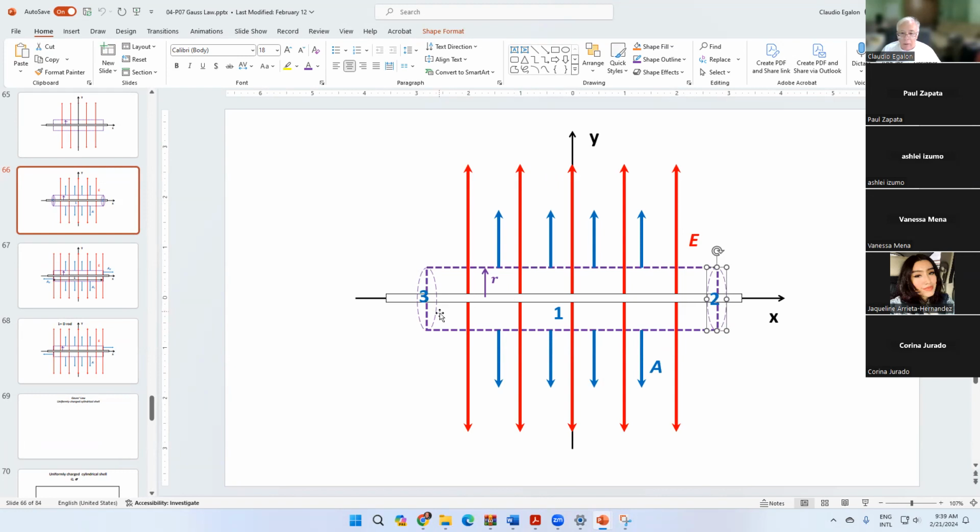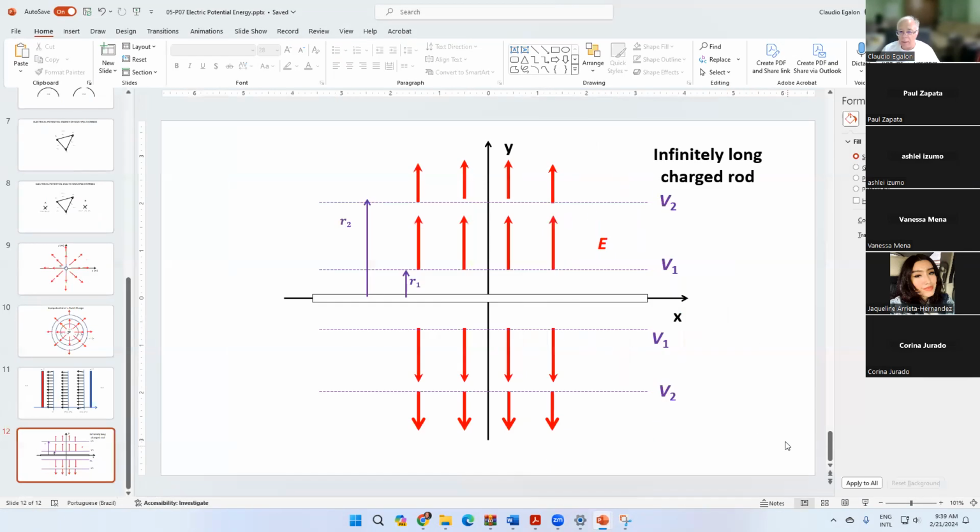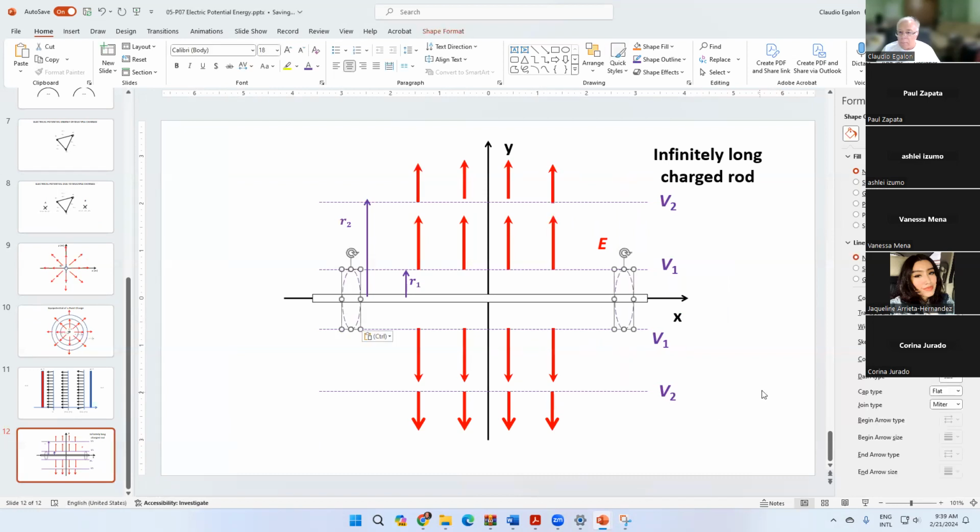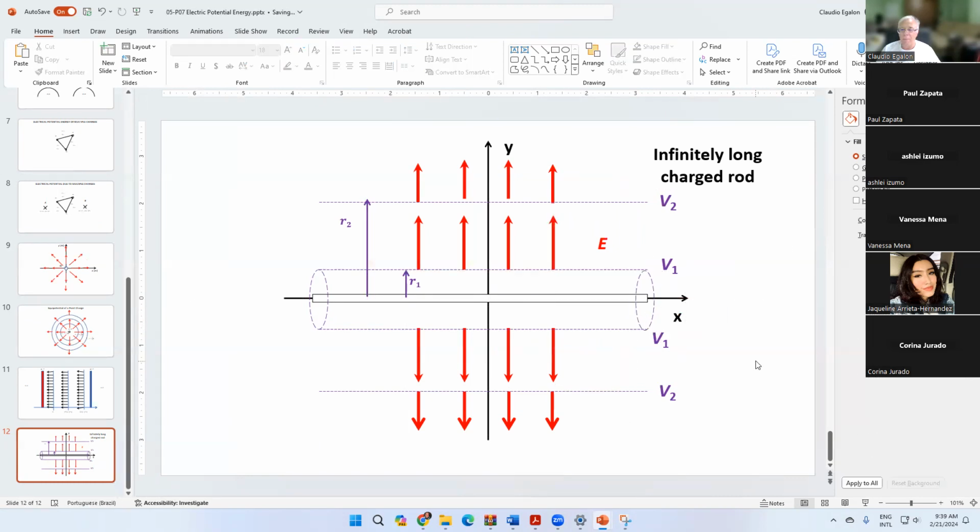I'm going to emphasize that this surface is a cylindrical surface by adding those two caps there. Okay, better now? And now I can move a little bit further away here, and we can do the same for this other surface too. You can put another cap there, okay?